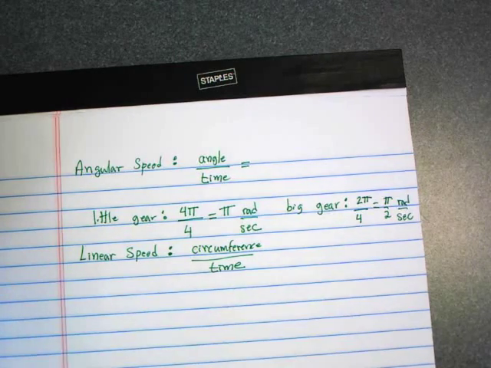Okay, so these 2 gears that we have. What's the radius of the first gear? Half of that of the big gear. So let's make up a number for the radius of the small gear. 2. And the radius of the big gear is then 4.